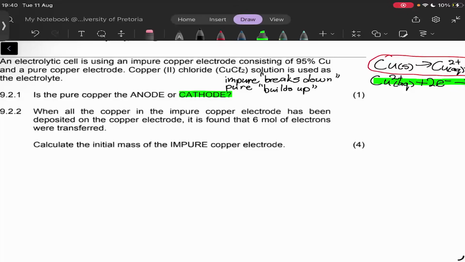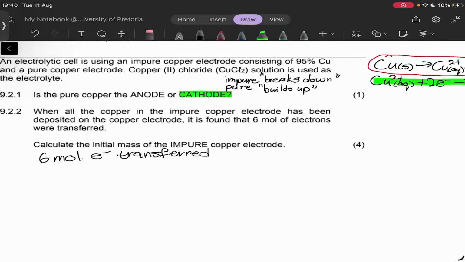So we know that 6 mole of electrons transferred. How do you now relate that 6 mole to what they're asking? What can we do with the 6 mole?